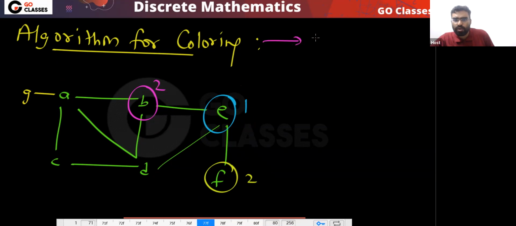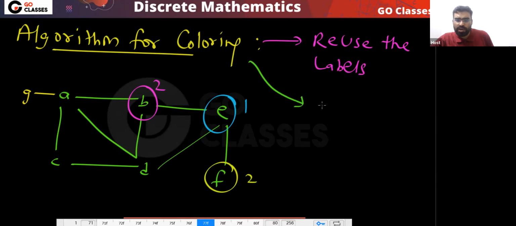So the algorithm, if you notice, is basically to reuse the labels. Basically, you are using the minimum label available.